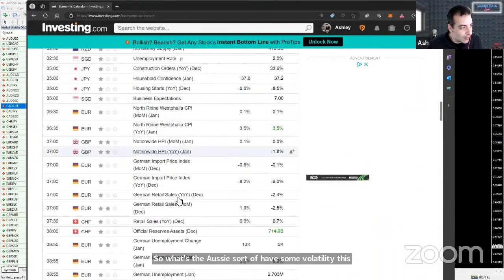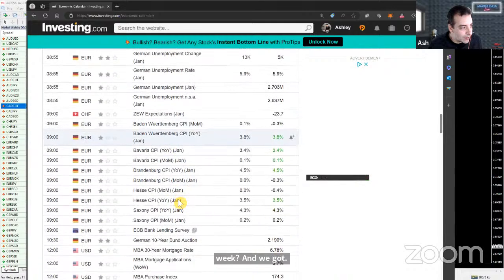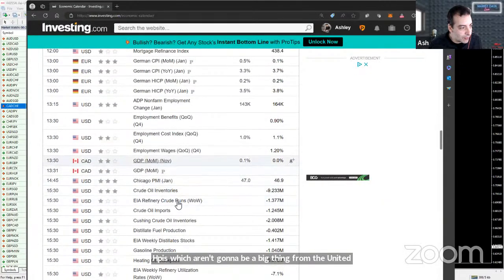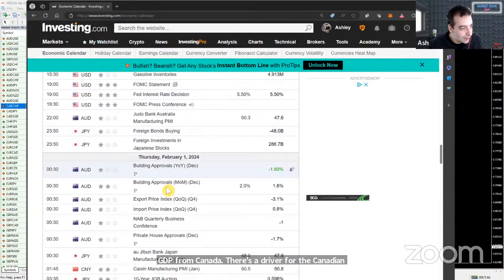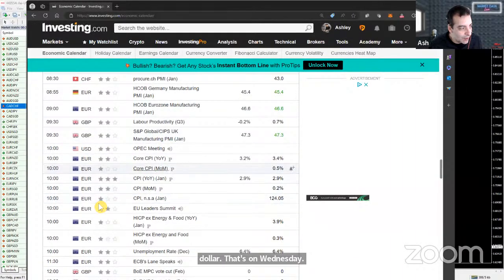And we've got HPIs, which aren't going to be a big thing, from the United Kingdom. GDP from Canada, there's a driver for the Canadian dollar. That's on Wednesday. This is when it starts getting interesting for the euro. Thursday, CPI data. This is going to be the driver.